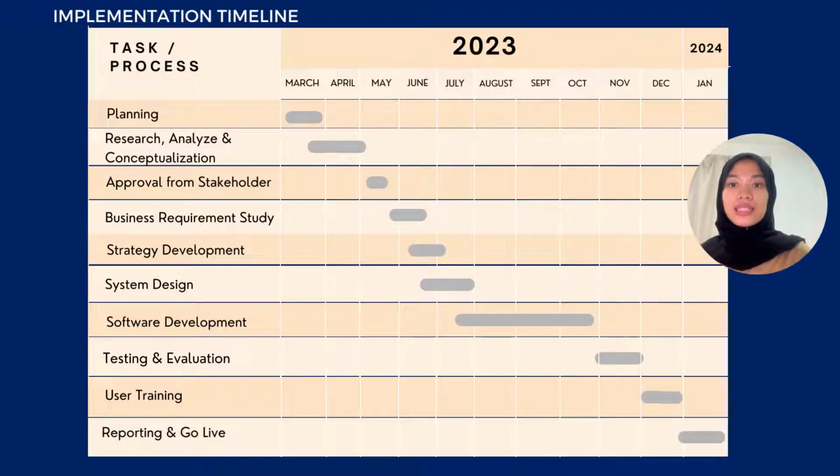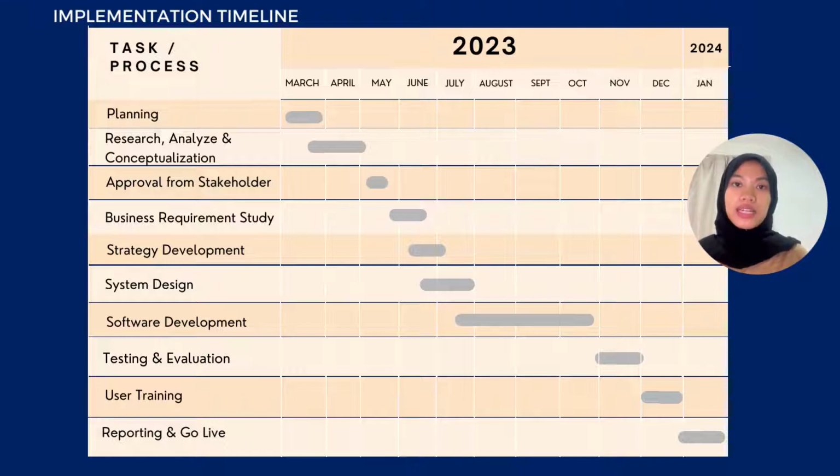And then system design through software development will run from the middle of June until October. After it's all done, there's testing and evaluation, so that if there is an error, there is time to fix it, until the 1st of December.